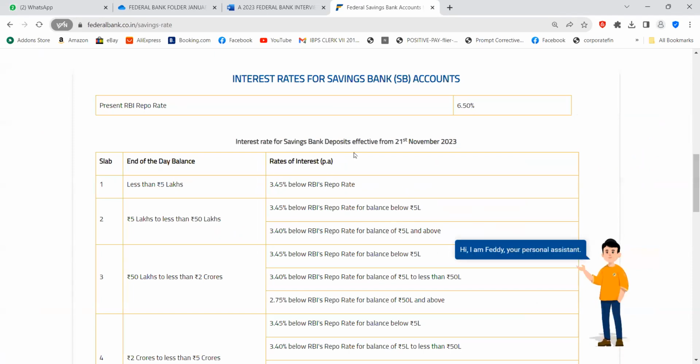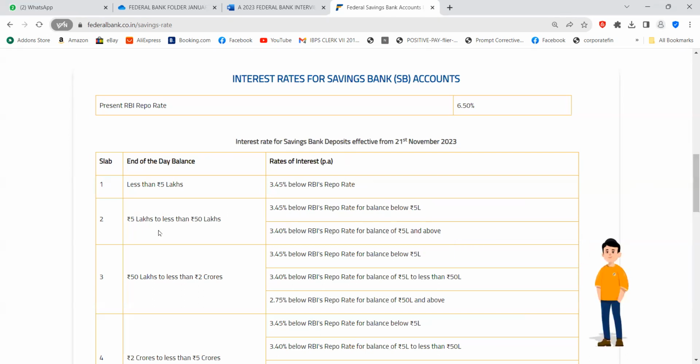Present repo rate is 6.50, so the rate is 3.05. They are not telling directly as 3.05. They are telling it is 3.45% below RBI repo rate, and the present rate is this much.